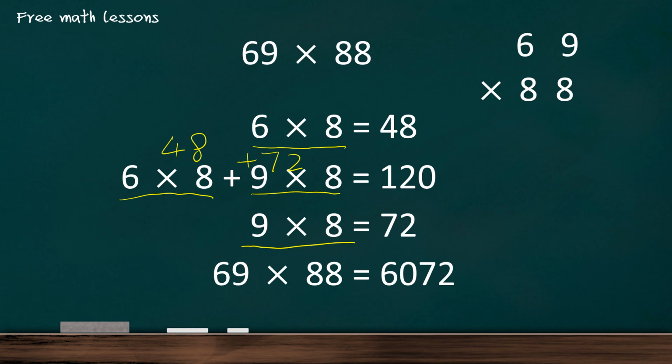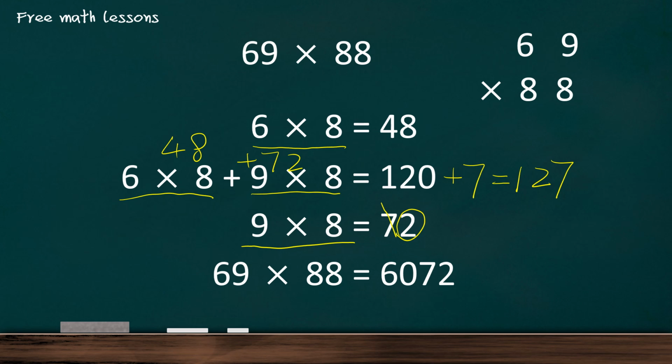Then, convert the result from the bottom up to the final answer. So first of all, we're going to leave the ones digit of 72 at the bottom, which is 2. Add the tens digit of 72, 7, to the middle number 120, and you get 127.